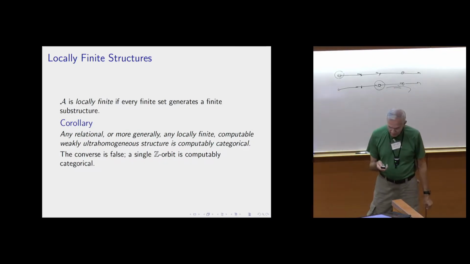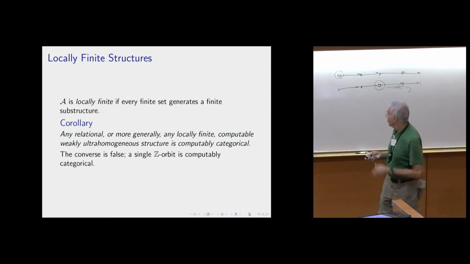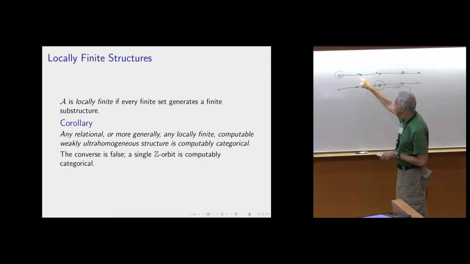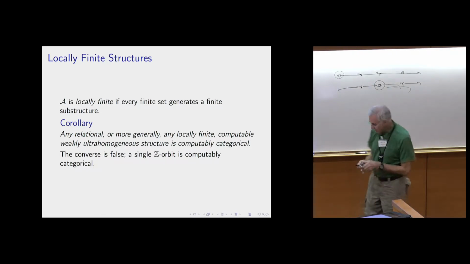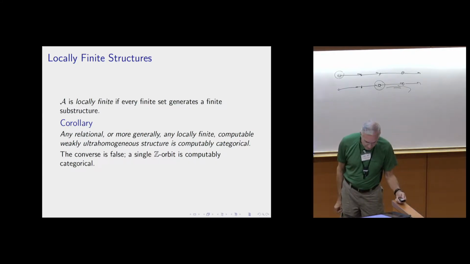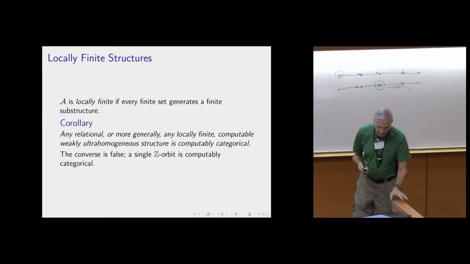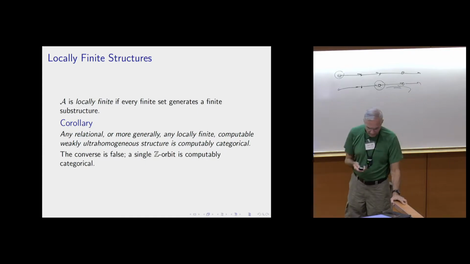All right, okay. But I guess I'm thinking of this example. You can have something which is computably categorical, but not necessarily homogeneous. Okay, I'm not sure which example I'm thinking of here.